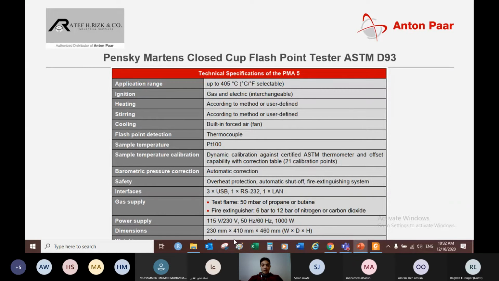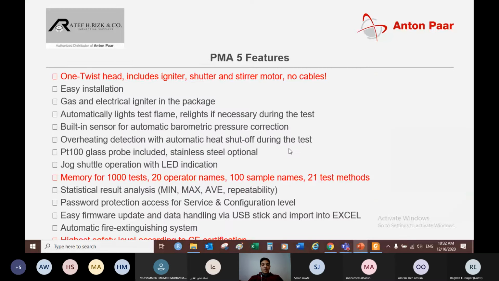And this size is really appropriate for your laboratory space. And the features are the same as other Anton Paar flashpoint testers. The most important is no need for training. It's really easy to operate and install. It's one twist head. The memory is higher than the previous instruments.